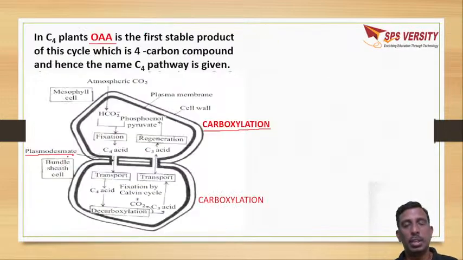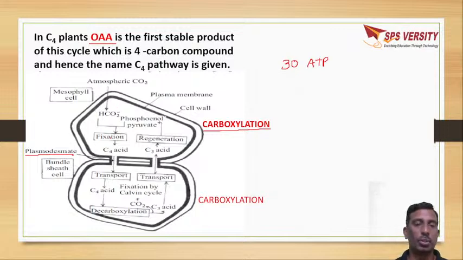C4 cycle में कितना ATP चाहिए? C4 cycle में 30 ATP and 12 NADPH2 are required. Why are 12 ATP more required? That is for phosphorylation of pyruvic acid to PEP. And anyway, 12 NADPH2 is common.